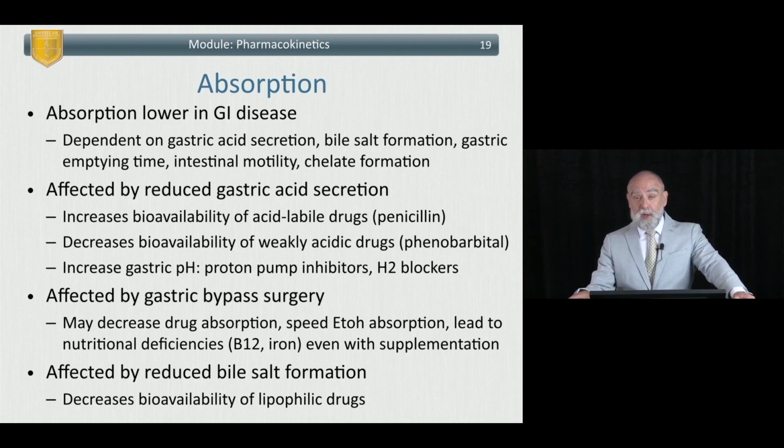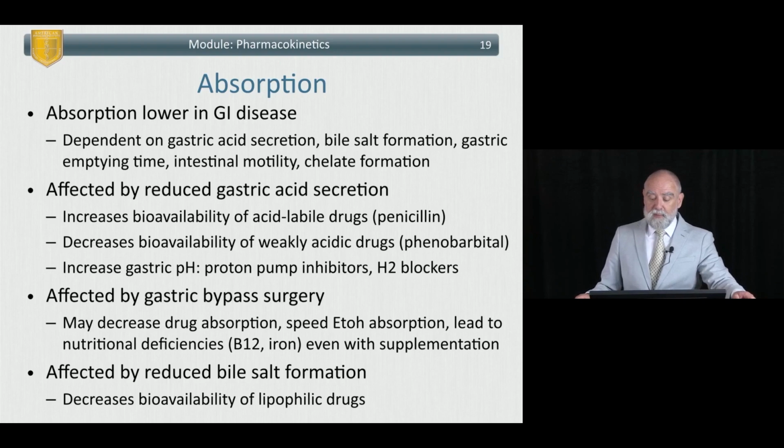It may lead to greater or lesser absorption of that drug depending on the chemical nature of that drug. So, for example, reduced gastric acid secretion, meaning higher gastric pH, increases the bioavailability of acid labile drugs like penicillin. However, it decreases bioavailability of weakly acidic drugs like phenobarbital.